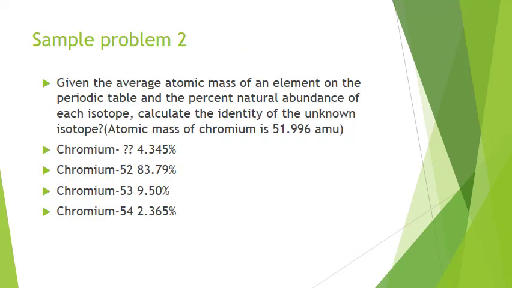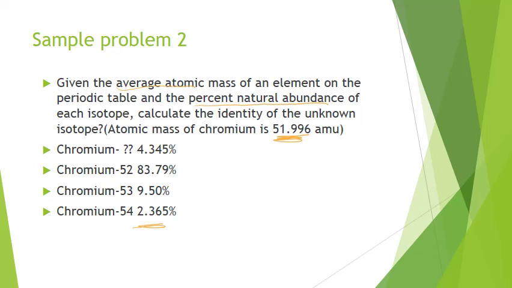So let's kick it up a notch. All right, so now this is where the fact that you're in algebra comes into account, right? So here we have a bunch of information. We're given the average atomic mass of chromium, which is 51.996 AMUs, and the percent relative natural abundance of each isotope, so we have all these percents right here.